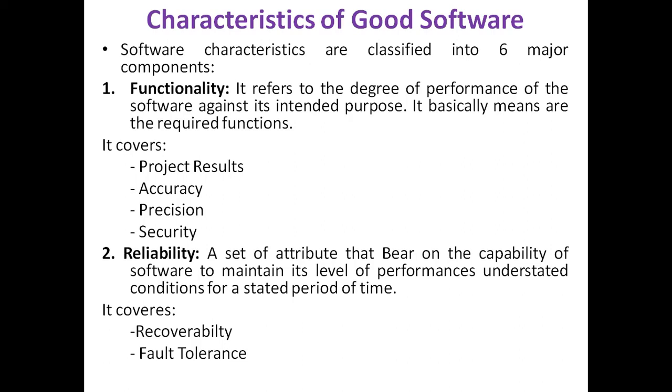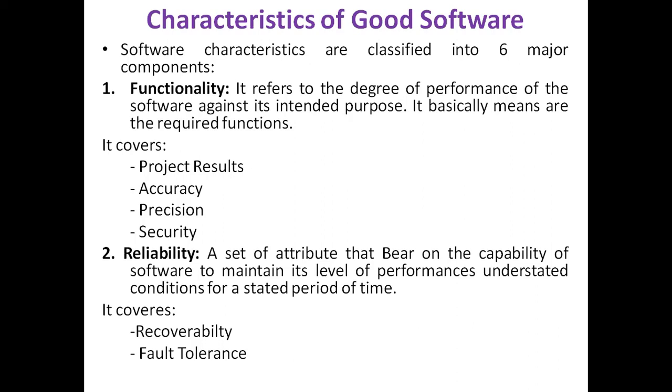If it has no errors or mistakes in the implementation, and the product is working exactly how the user wants, then we can say that our product is functioning properly without any defects. So basically the performance consists of parameters such as accuracy, precision, security, reliability, and the final result it generates.